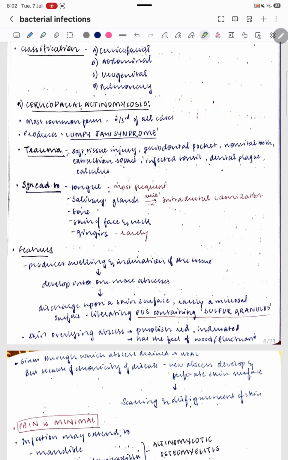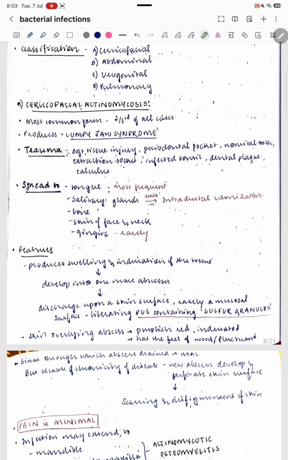Trauma is the main etiology. It produces a syndrome called lumpy jaw, which we will read about. The trauma can be due to soft tissue injury, a periodontal pocket, a non-vital tooth, an extraction socket, infected tonsils, plaque or calculus.